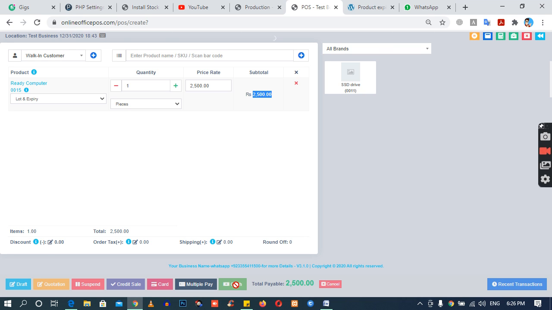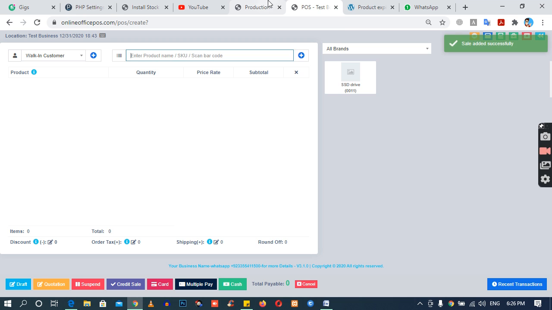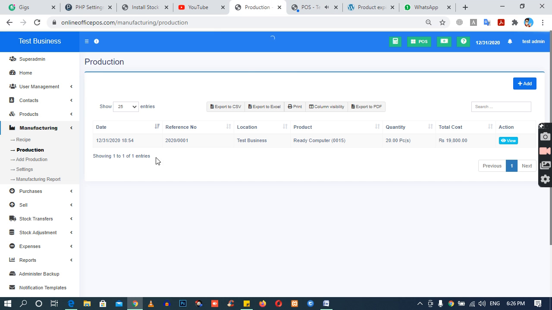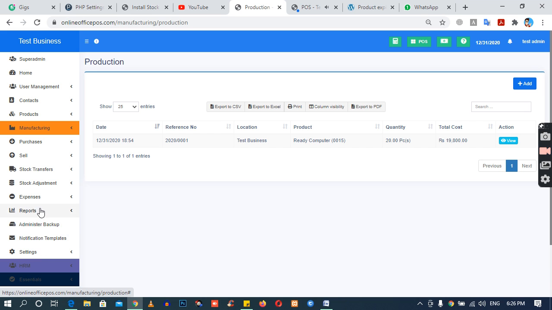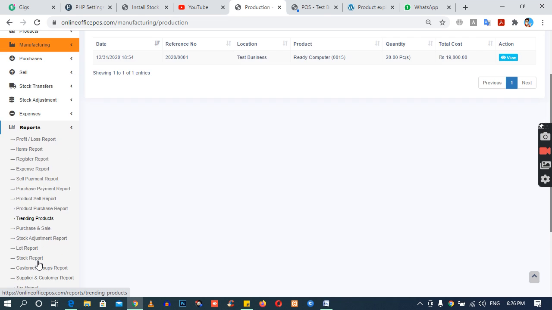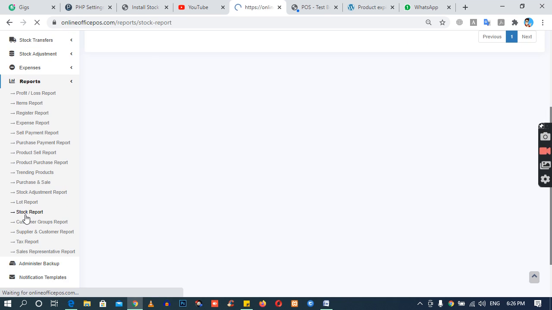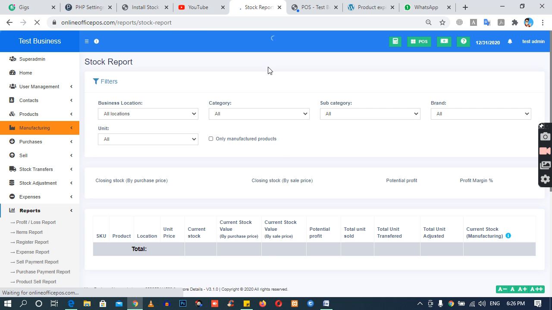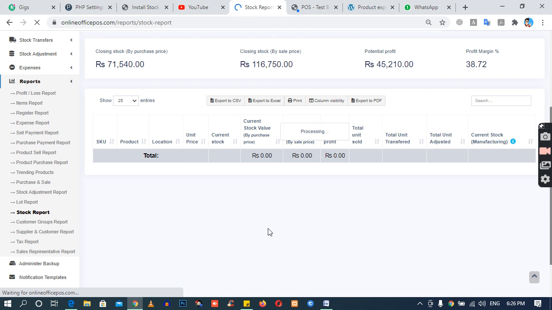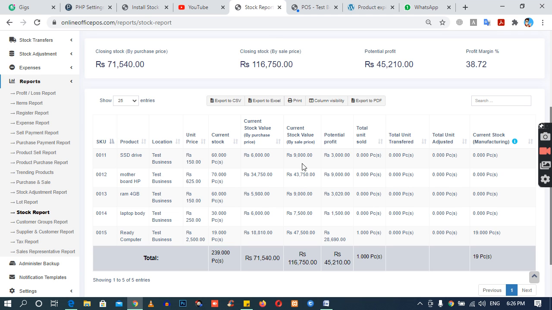Okay, for example, this is our stock report. Look at this, a ready computer.